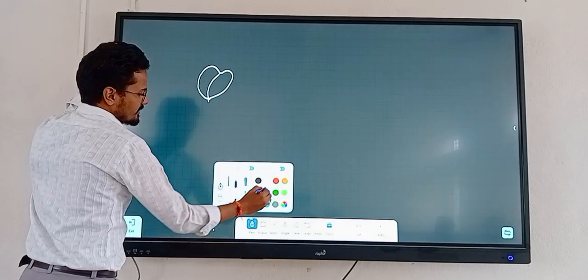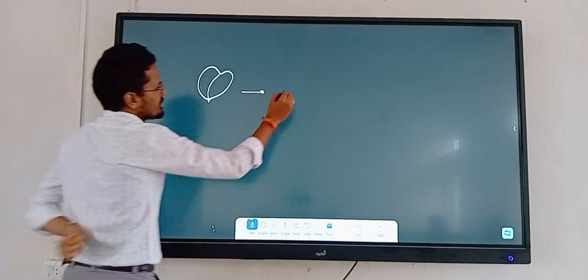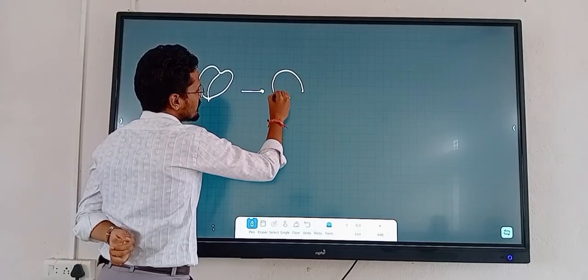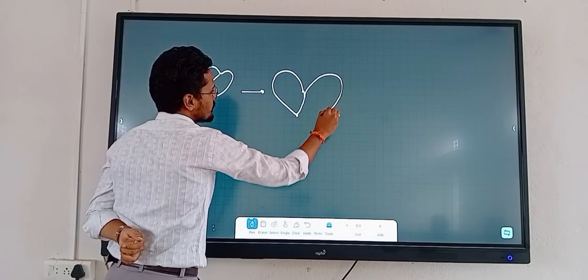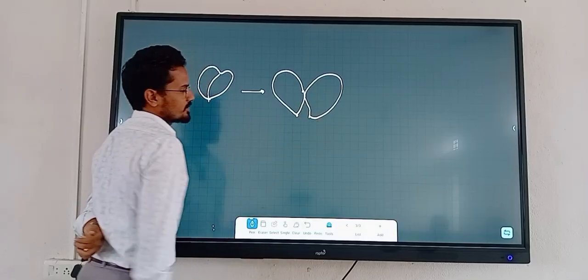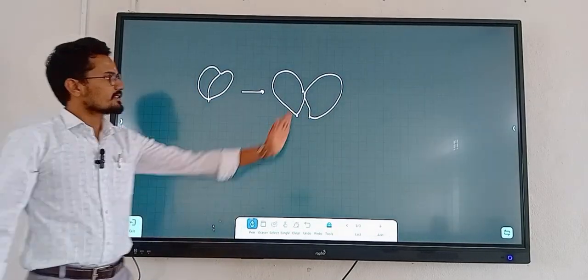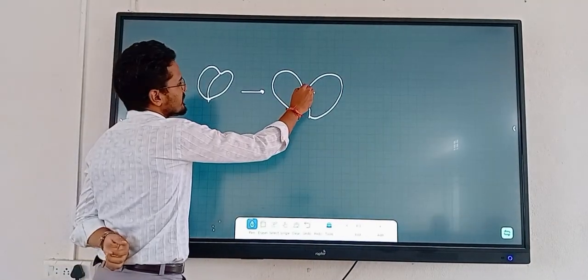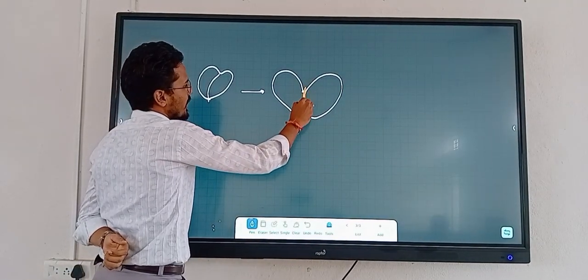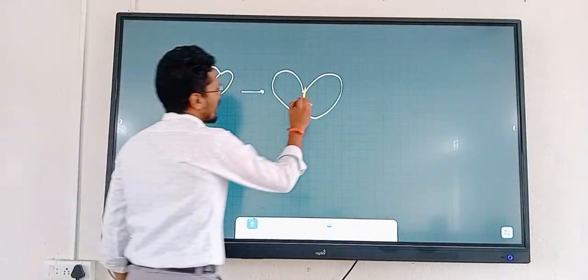When we open this seed, we get two cotyledons. At the center of these two cotyledons there is one axis, called the embryonal axis.